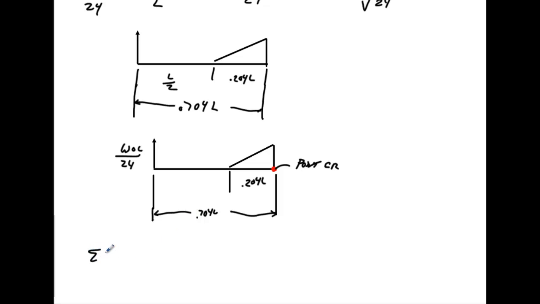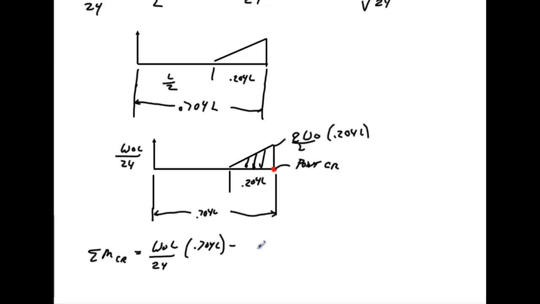Alright, so if I take the sum of the moments around CR, I will get WOL over 24 times this moment arm, 0.704 L. And then this is coming down, so we'll subtract that part, minus, and we'll put this height we said was 2 WOL over L times 0.204 L. That's the height.